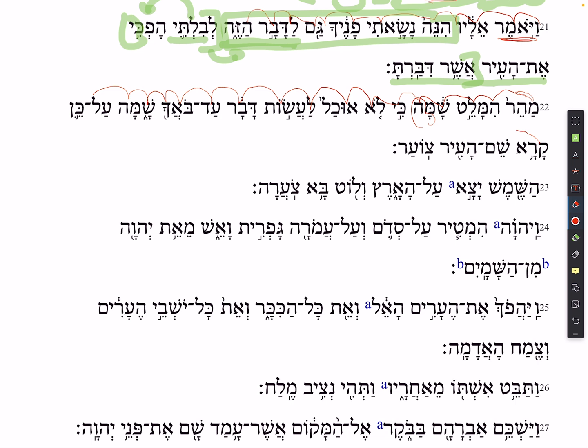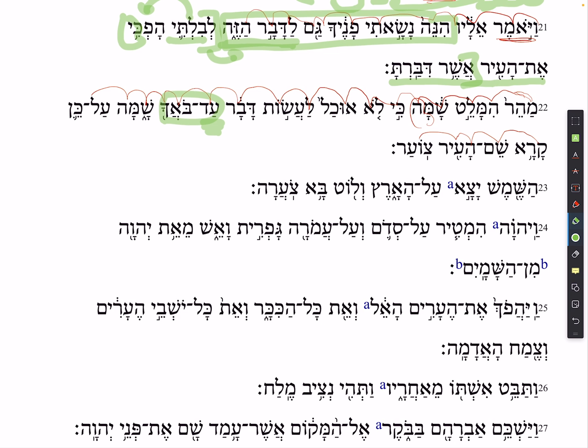Therefore, he called the name of the city Zoar. You see here again an infinitive construct with a preposition preceding. So the cha here is a subject suffix.